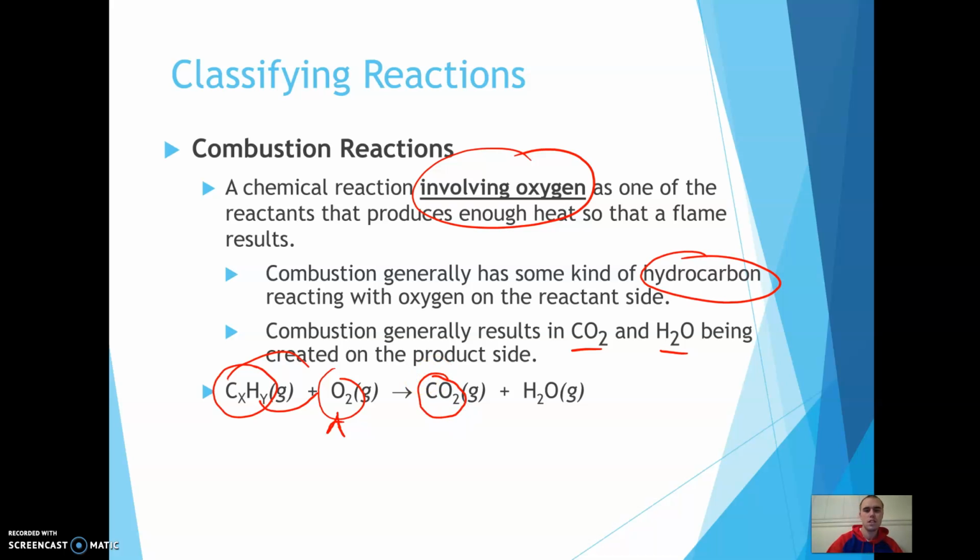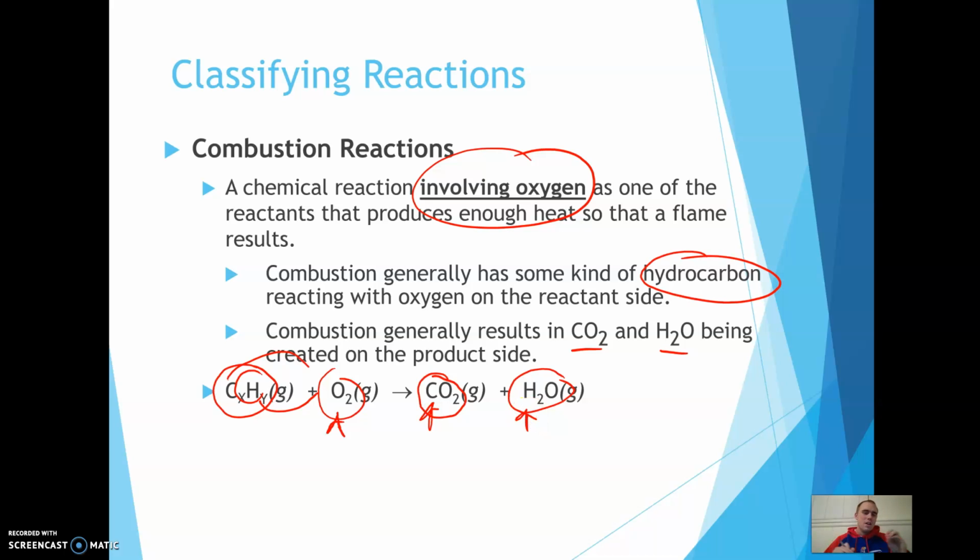Okay, and so C is happy with oxygen, and then H also comes over here and gets with oxygen, but oxygen's a little sneaky, and oxygen doesn't tell C, and it doesn't tell H that it's already involved with somebody else.